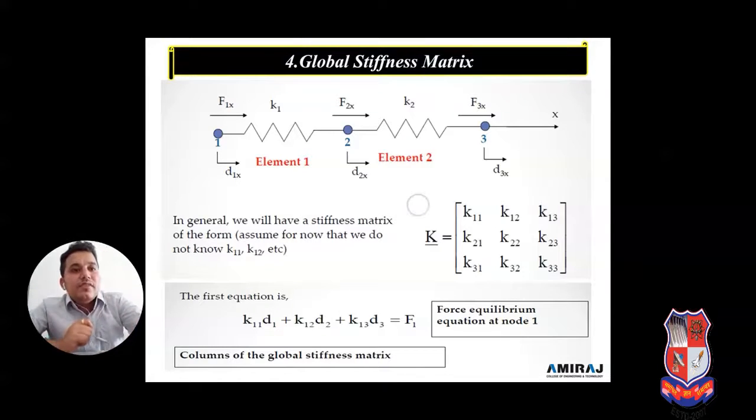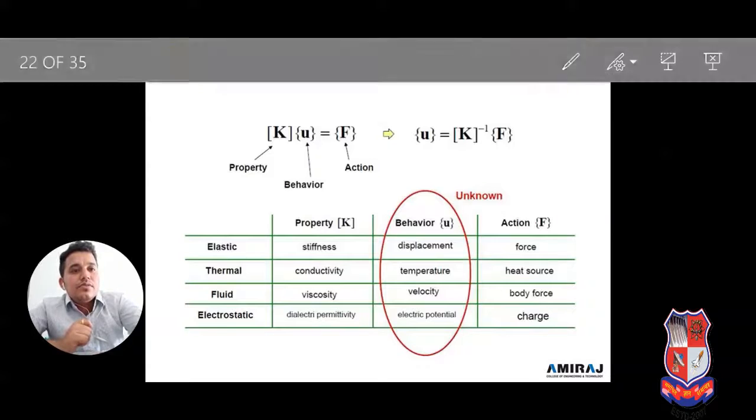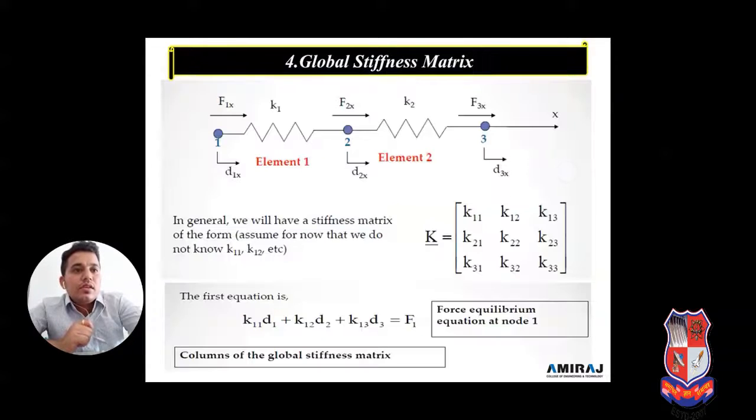Meaning in one system, if we have elements 1 and 2, then displacement 1, displacement 2 and displacement 3, and each has one standard element stiffness matrix, K1 and K2. If we combine K1 and K2, then we get this kind of global stiffness matrix K, meaning K11, K12, K13.